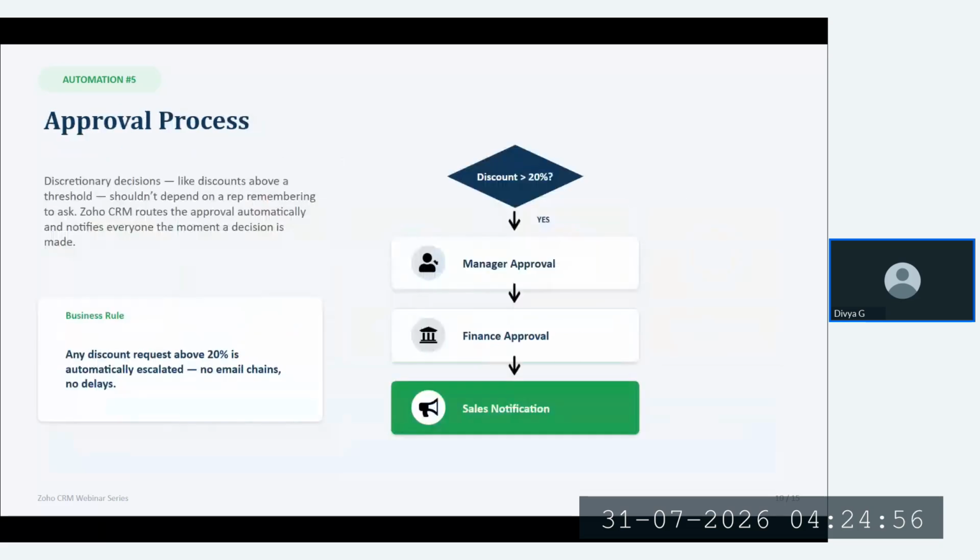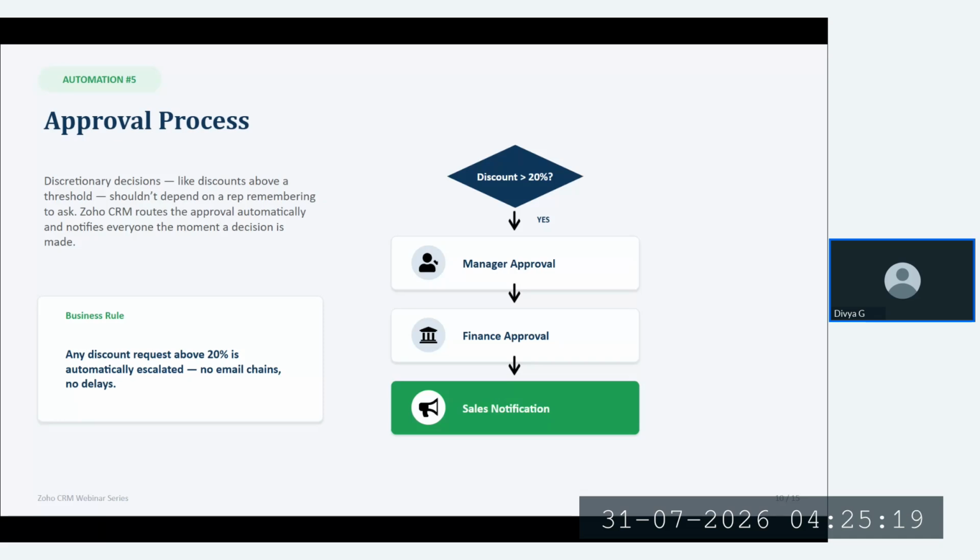And approval process is something, suppose 5 leads are qualified to deal. For that, the lead has missed something.